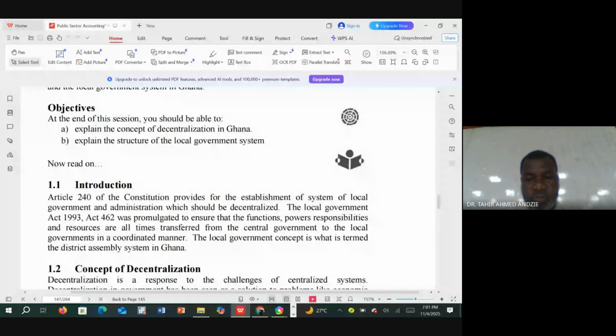The local government concept is what is termed the district assembly system in Ghana. So the district assembly system is what we call the local government, right? So if you go to the various regions, the regions are divided into the various districts. And so we have the district chief executive, who is the administrative head, and some other government appointees who see to the development of the area.